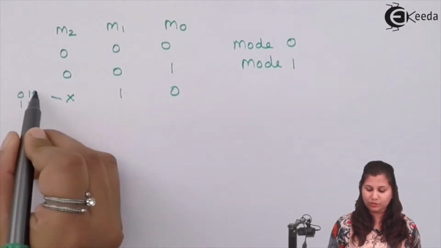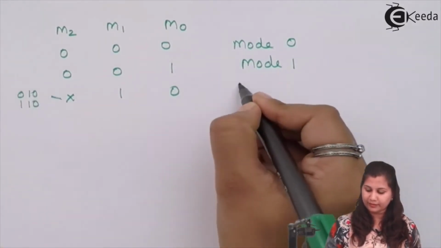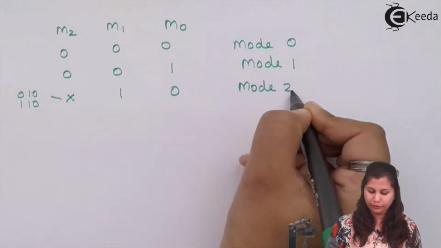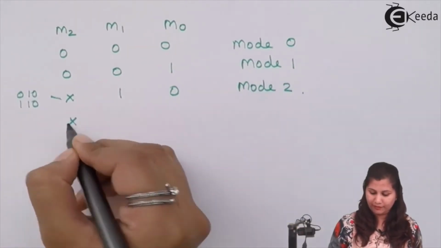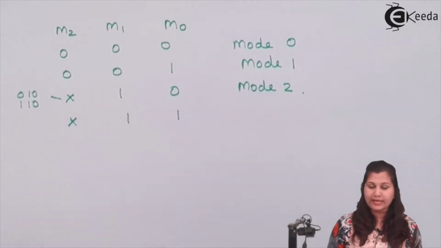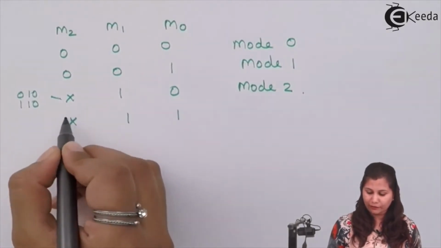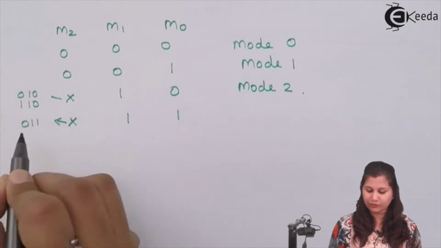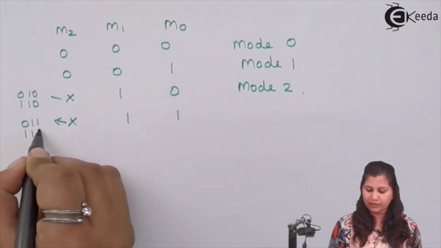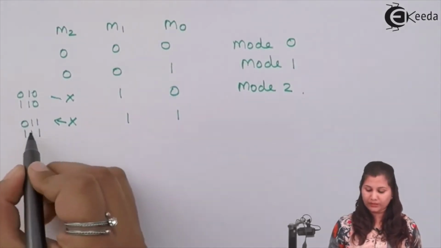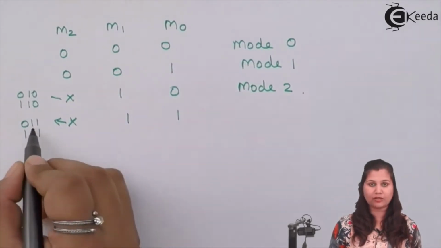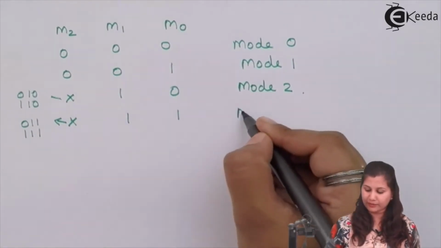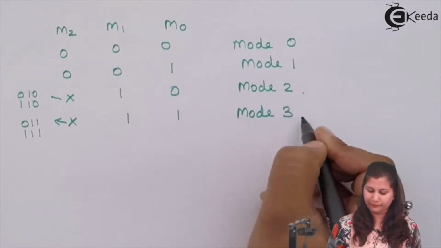So when these two values are there, then the timers will work in mode 2. Then we have x11. X11 means it can have any of the values 0 or 1. So the combination will be either 011 or 111. So if any of these combinations is there, then the timers will work in mode 3.